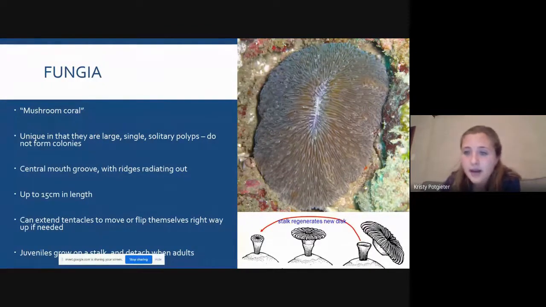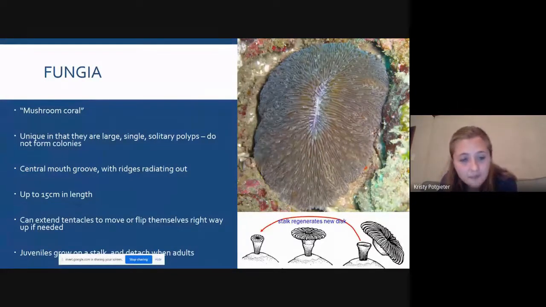It's that lighter section in the middle, and then they've got those ridges that radiate out from the central mouth groove. Now these guys can be quite big. They can grow up to 15 centimeters in length. Again, just a reminder, this is a single solitary polyp, okay? So if you see one that is 15 centimeters in length, that's quite a big coral, and it's quite impressive to see.